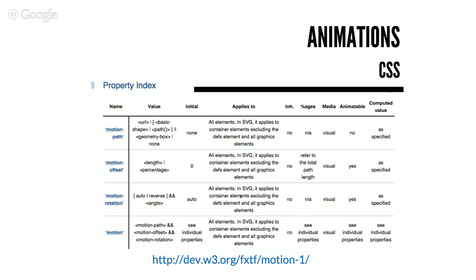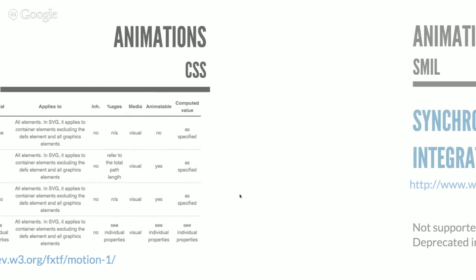In here, we'll be able to specify a URL to a file that we want it to attach to. So it could be an external SVG path, clip path type of formatting. Yeah, so that's pretty awesome. So eventually the power of animation through CSS is going to go up.